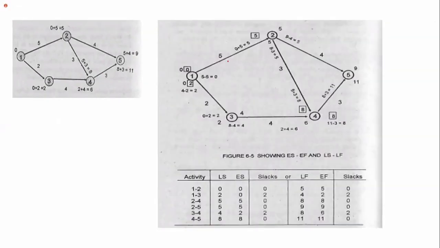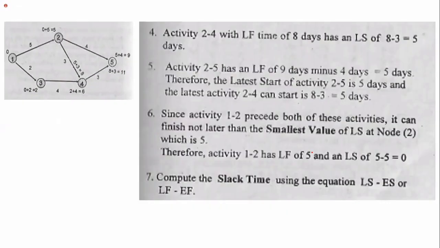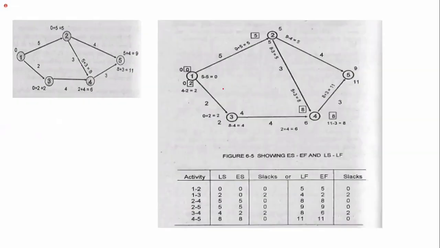I put the wrong figure earlier. Okay, for the backward pass, the late finish for node 5 is 11. Then the late start for activity 4 to 5 should be 11 minus 3, so 8.